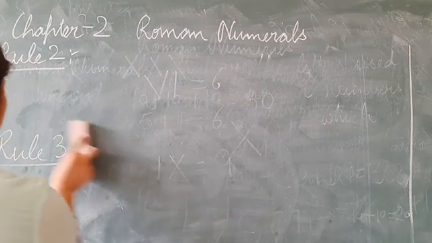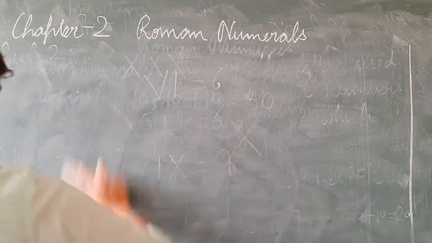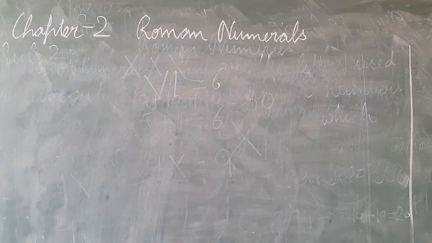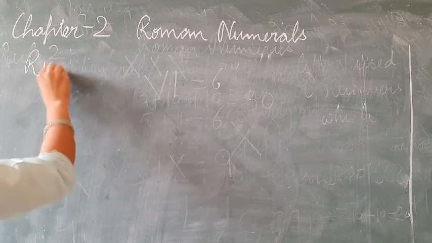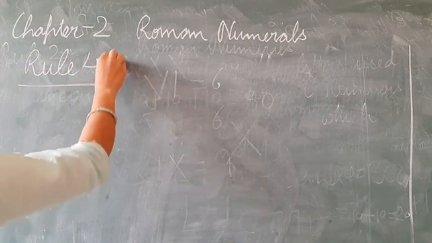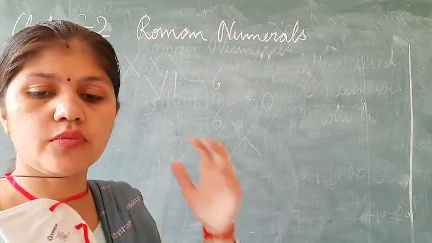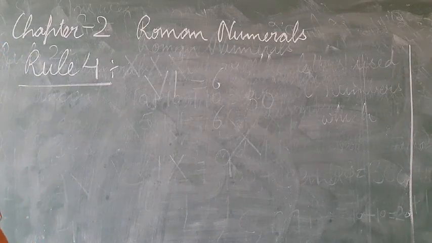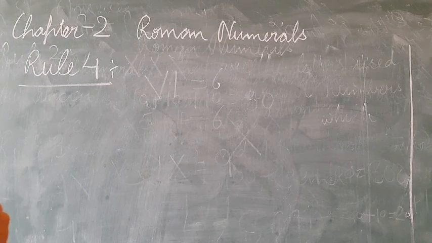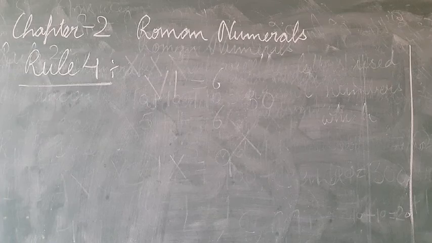Now it's time for rule number 4. In rule number 4, when a smaller numeral is placed between two larger numerals, then it is always subtracted from the larger numeral immediately following it.